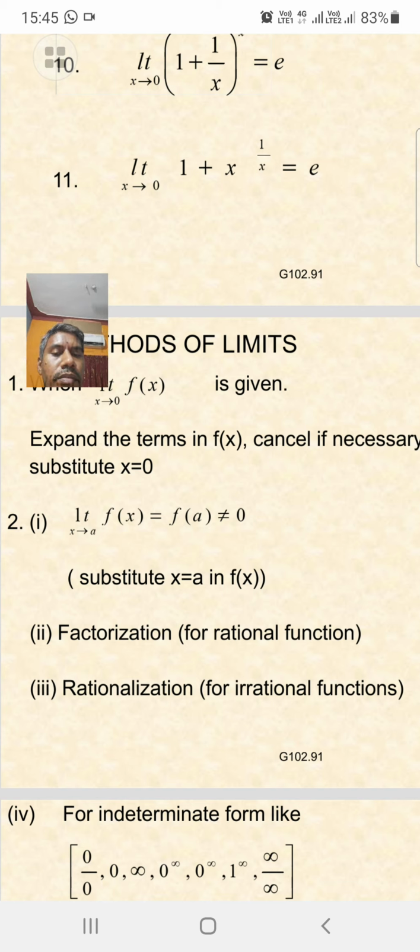First one, limit x tends to a, f of x equals f of a, not equal to 0: substitute x equals a in f of x. Second, factorization for rational functions. Third, rationalization for irrational functions.